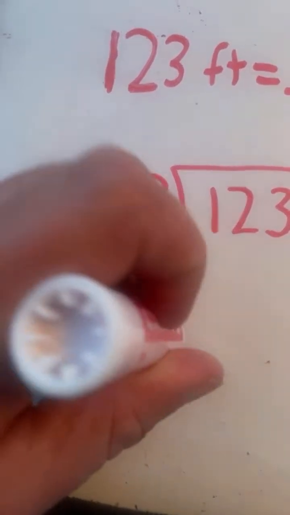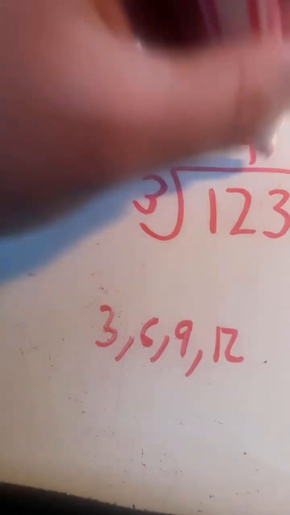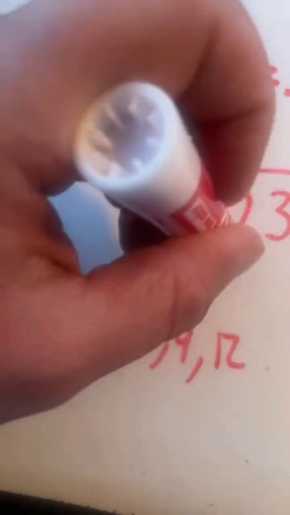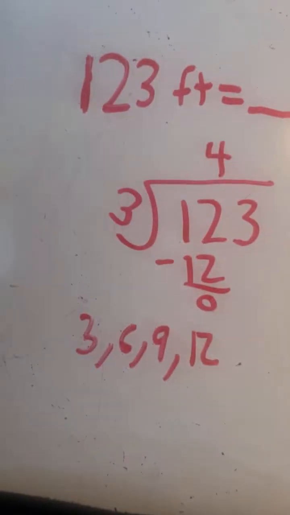3, 6, 9, 12. So 3 goes into 12 4 times. 12 minus 12 equals 0. Bring down the 3.